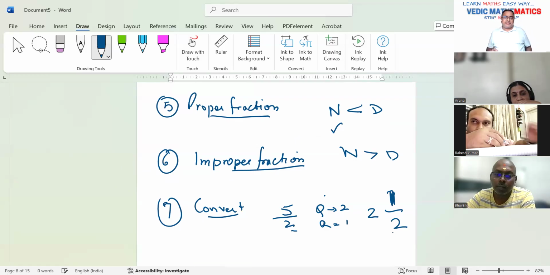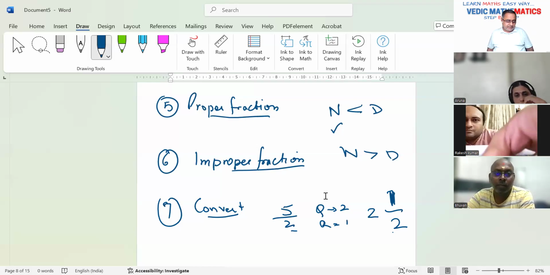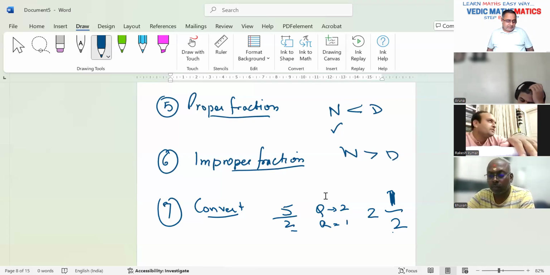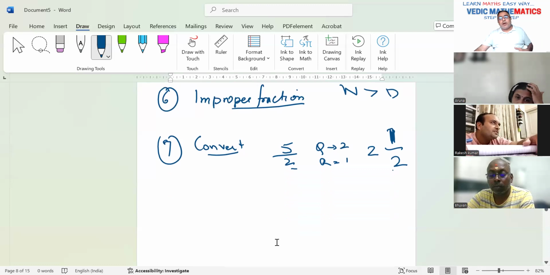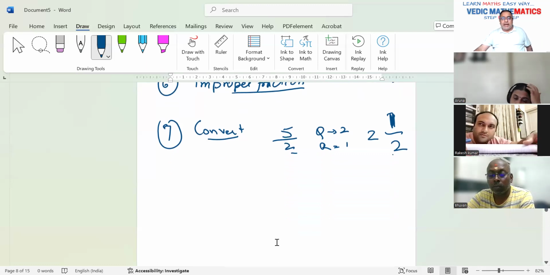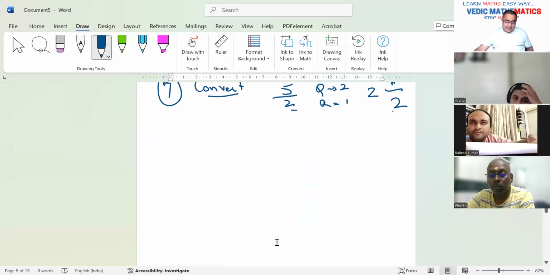Remainder upon divisor. Correct. Up till here it is clear? Okay. Now when we have it in the form of quotient and remainder, we call it a mixed fraction.